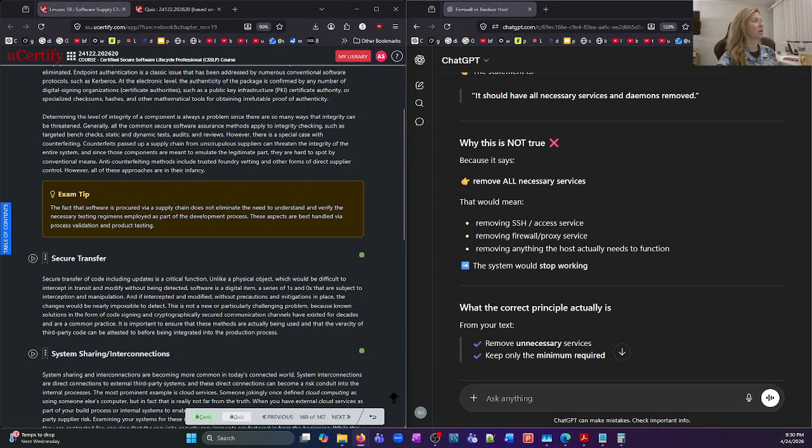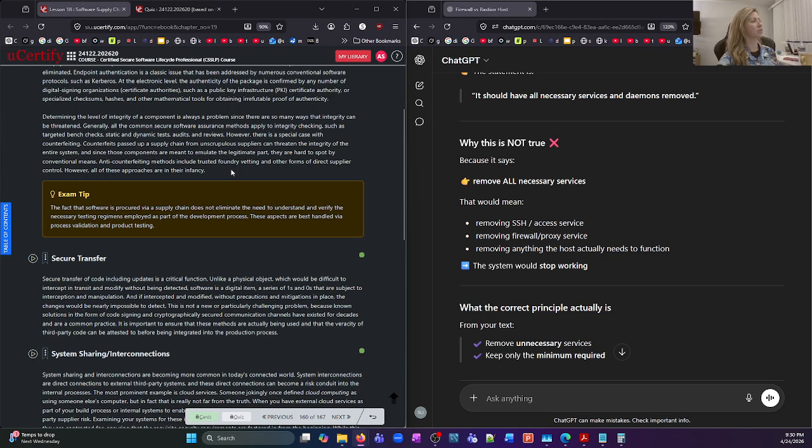counterfeiting. A counterfeit passed up a supply chain from unscrupulous suppliers can threaten the integrity of the entire system. And since those components are meant to emulate the legitimate part, they are hard to spot by conventional means.